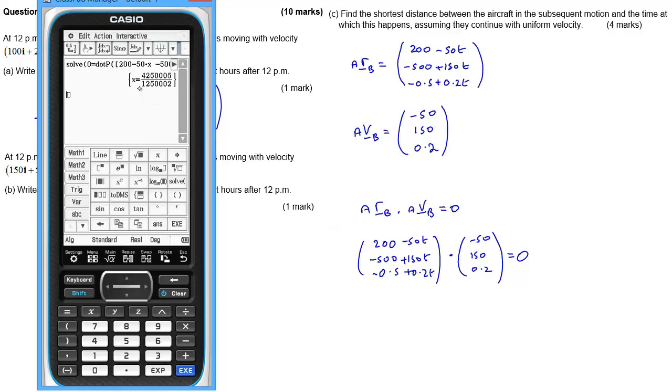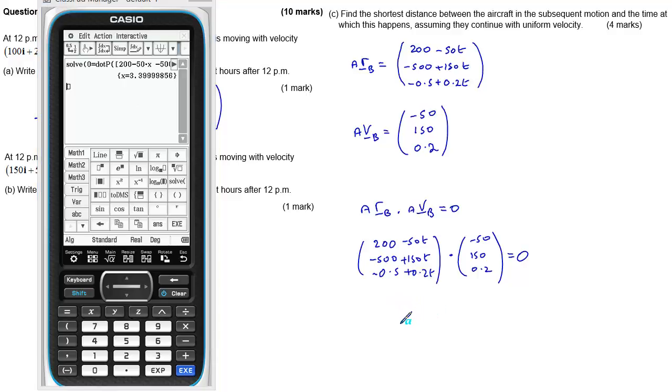And if we do that, then we get 3.3999856. So I'm going to say t is equal to 3.39 and then we want the shortest distance, which is actually going to be the magnitude of this vector.